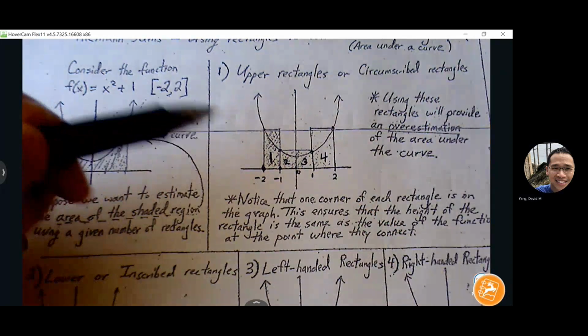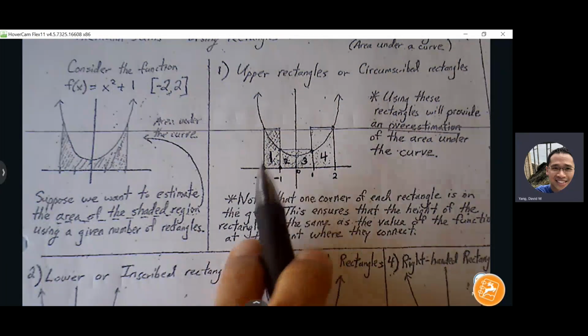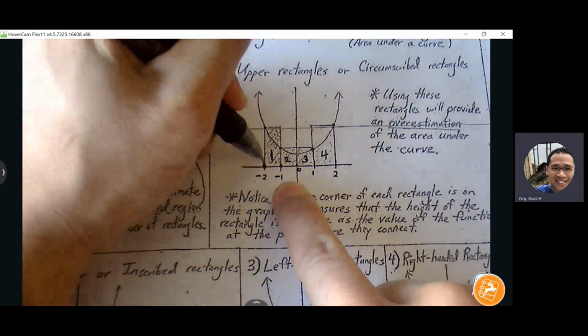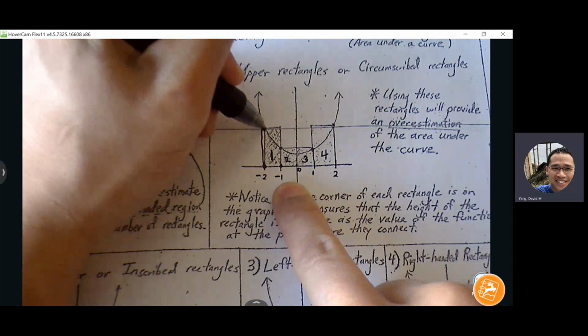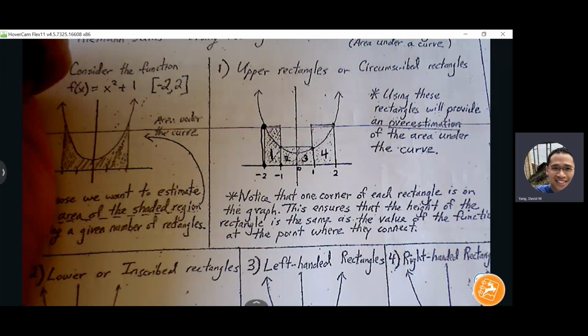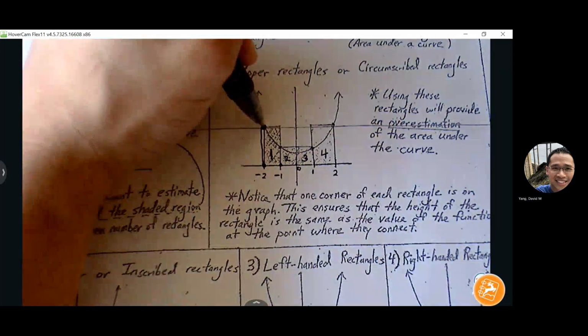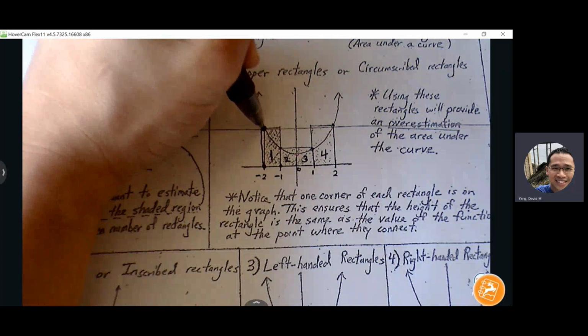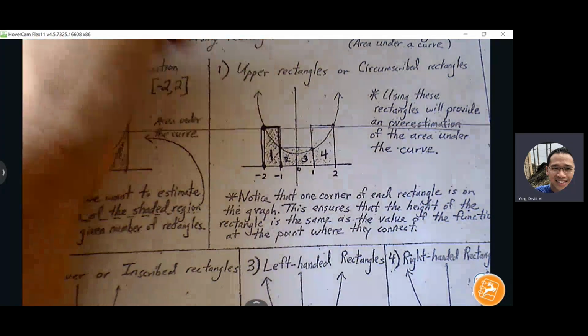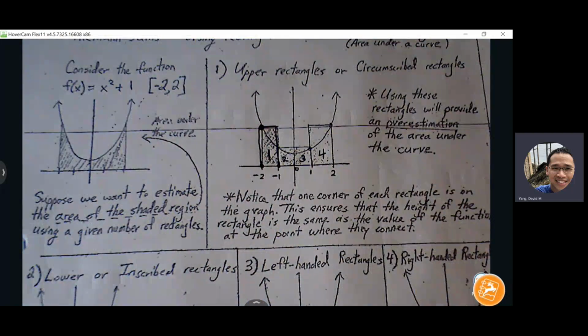So between the two endpoints, we're going to choose the higher of the two boundaries. You see the -2 is going to extend to a higher point, so you're going to highlight that point, and that point is going to represent the height of that first rectangle. So you're going to drag that height over the entirety of the subinterval, and that's how we can ensure that we create rectangles that sit above the curve.